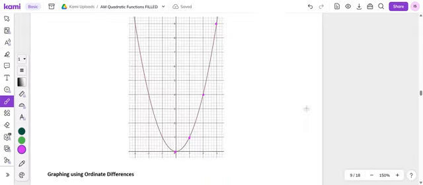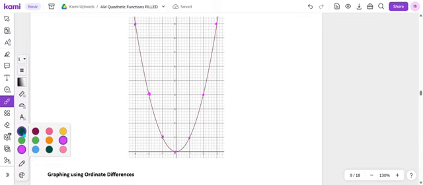Do so on the left side of the parabola. So at x equals -1, x equals -2, x equals -3.